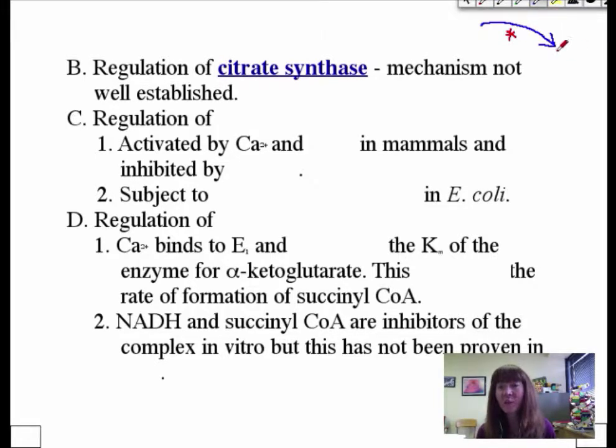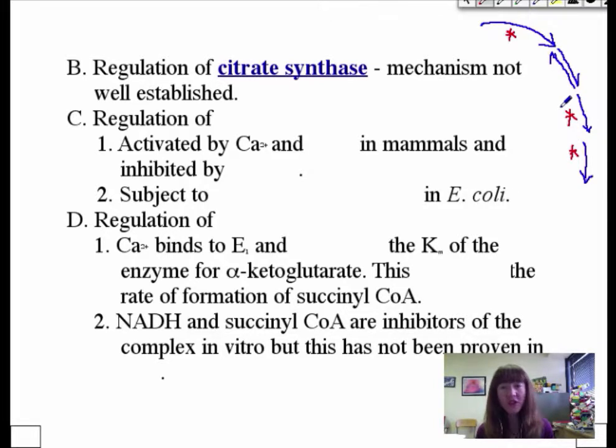Then we have the near equilibrium step, that's step number 2, in which citrate is converted to isocitrate by isomerization. And then we have steps 3 and 4 that are metabolically irreversible. And those are the next 2 steps that are subject to regulation. And remember, those were catalyzed by isocitrate dehydrogenase and alpha-ketoglutarate dehydrogenase.